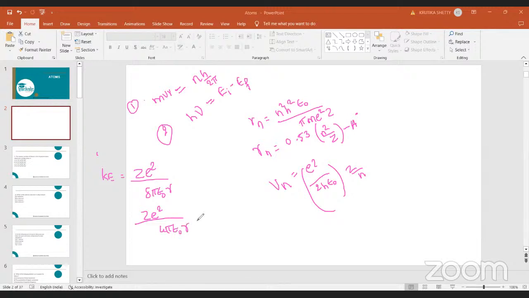Then one more, the time period of the nth orbit is given by 2 pi rn upon vn. So these are some of the important formulas for this lesson.